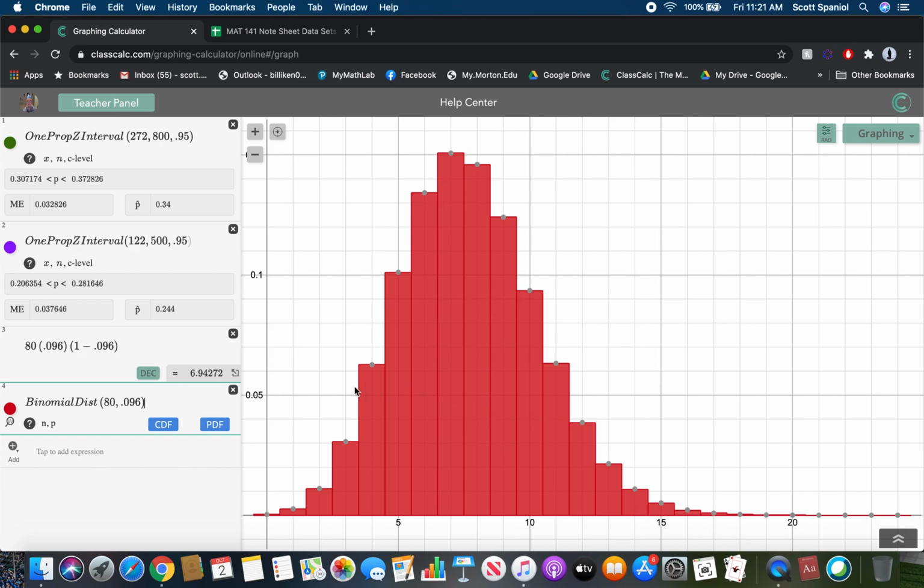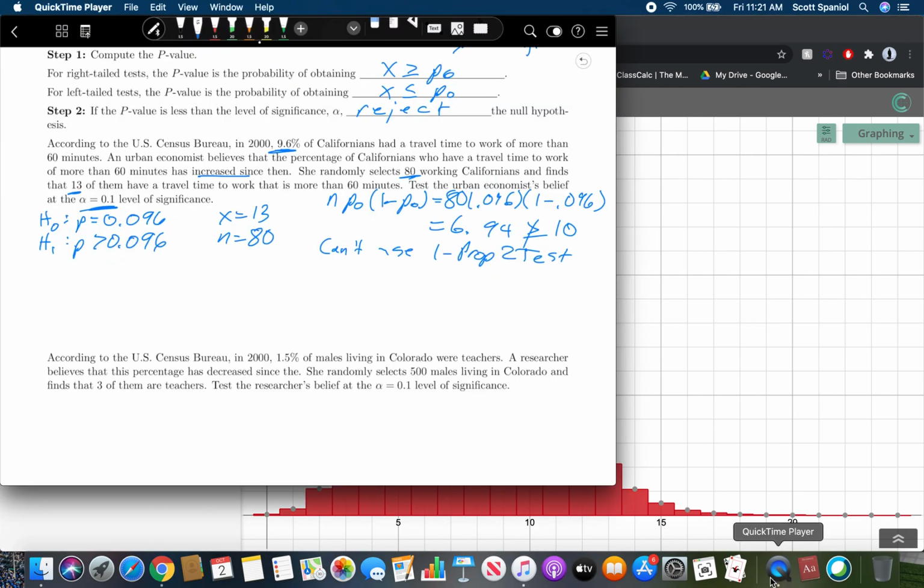So now what we want to know is the probability of getting 13 or more successes. So in this case, we're looking at an x of 13. So what is the probability that x is greater than or equal to 13?